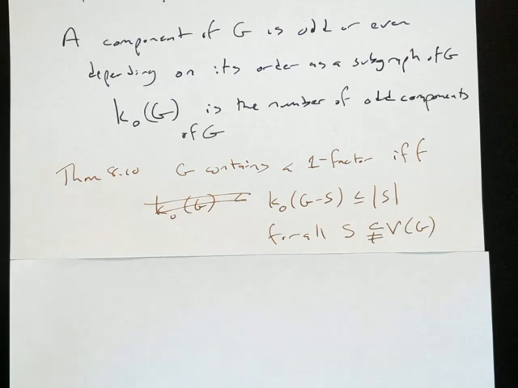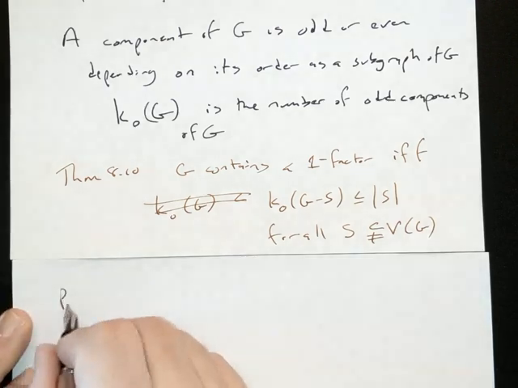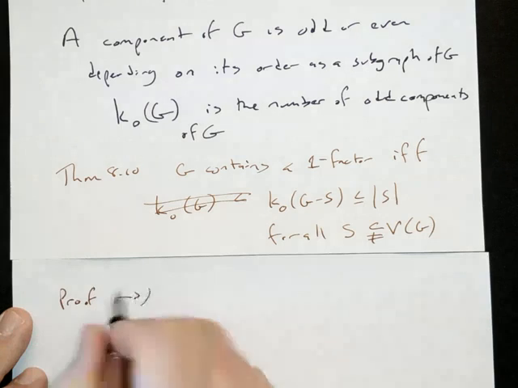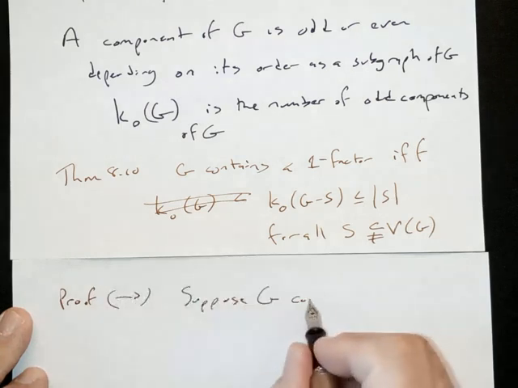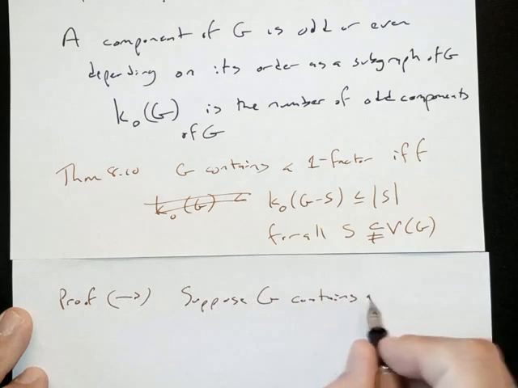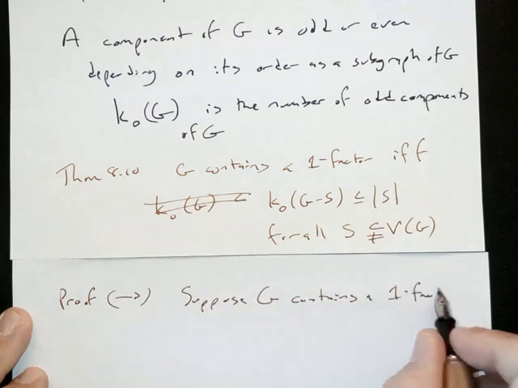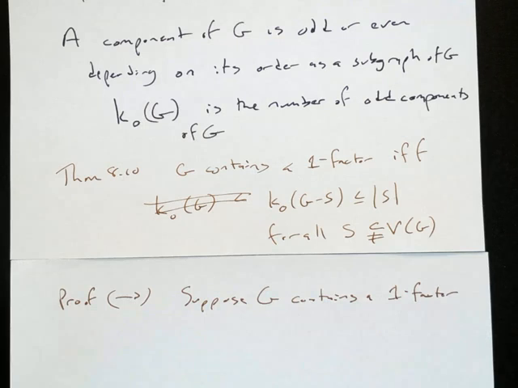Half of this proof is easy, half of this proof sucks. I'm only going to do the easy half. So if I have a one factor, I have a perfect matching.